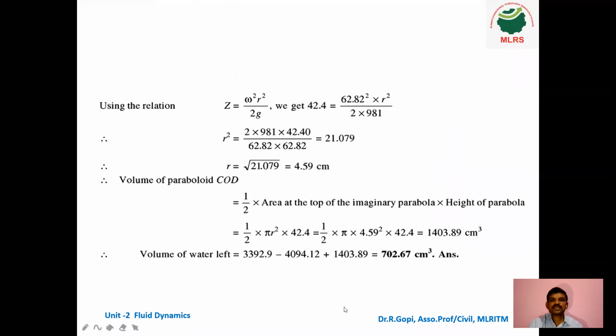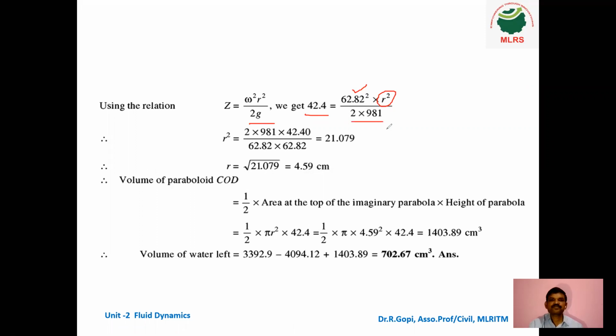Next, Z. What is the Z formula? Depth of the parabola equals omega square R square divided by 2G. Here we need to calculate this R, that means the distance between the center point of the cylinder to the point D. Z we already calculated as 42.4, the imaginary parabola depth, which is equal to omega, 62.82, and R kept as it is, divided by 2 into 981.